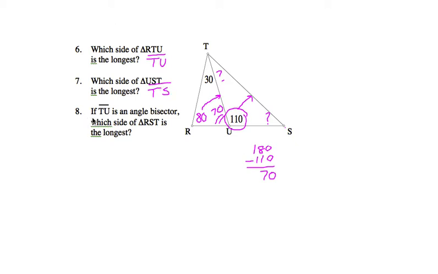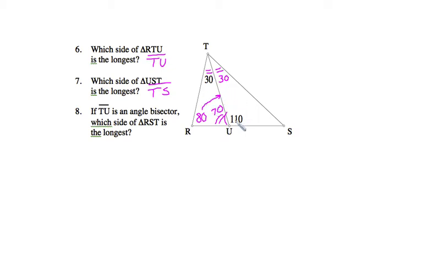Now number 8 gives me a little bit more information. It says if TU is an angle bisector, which side of triangle RST is the longest? So let's back up a second. Having an angle bisector isn't going to change my 70 degrees from the linear pair or my 180 in this triangle. But if it's an angle bisector, it's cutting angle T into 2 congruent pieces. Well, that means I do know that this angle of 30 will match this angle of 30.